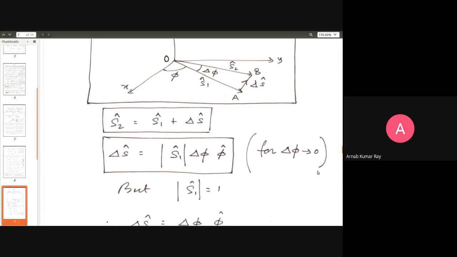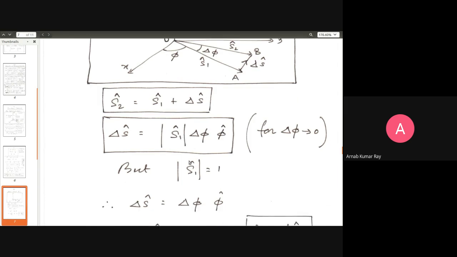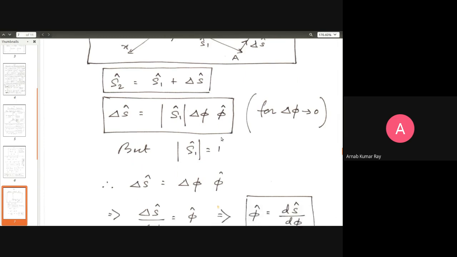Let's proceed with this discussion now. S1 cap has a magnitude of 1 because it's a unit vector. Therefore, delta S cap is equal to delta phi times phi cap.